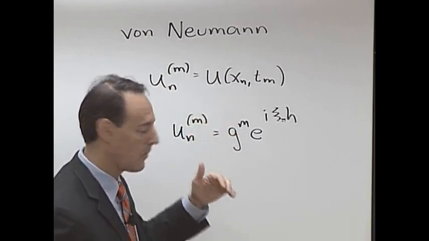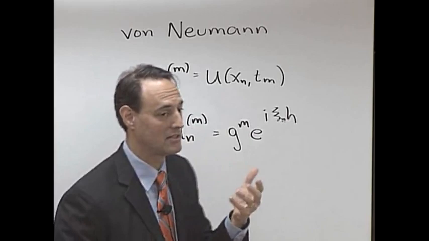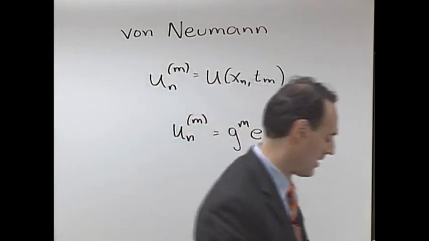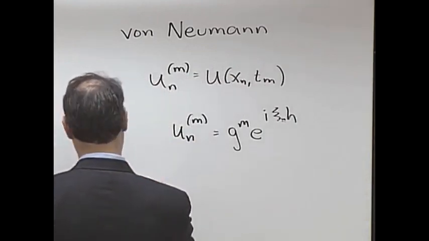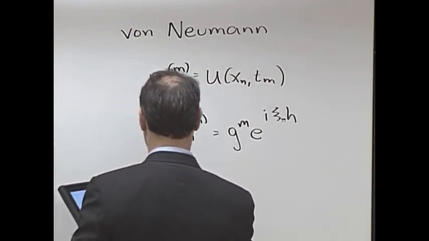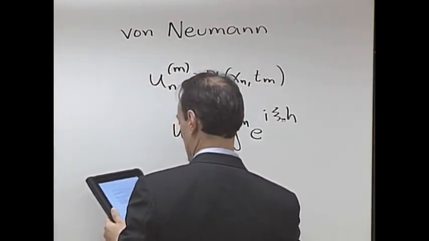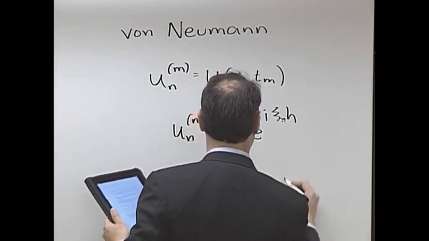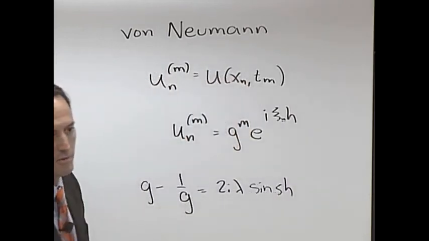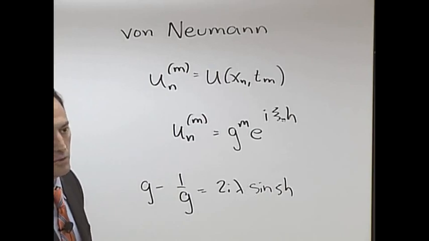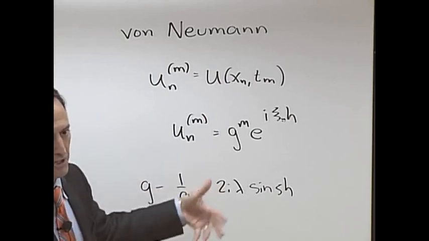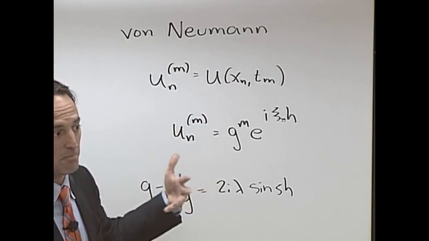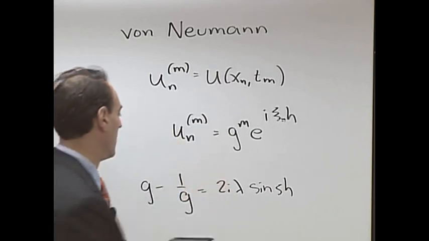Now let's apply the same idea to a slightly different equation. Oh, by the way, when you plug this into the leapfrog, here's what you got, if you remember, something like this for the relation of g. Then you multiply by g, find the roots of this, and ask, when is the absolute value of g bigger than 1?